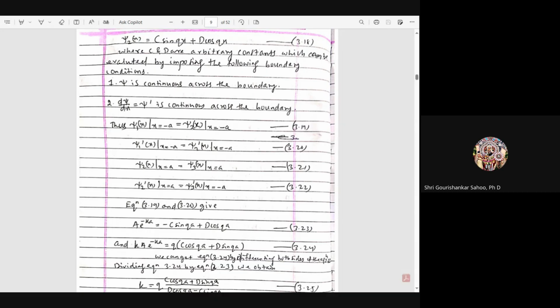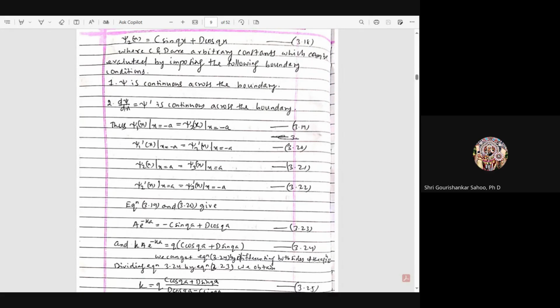So what are the boundary conditions? Your psi is continuous across the boundary, and d psi by dx, that is psi dash, is continuous across the boundary. So you can write psi 1 at x is equal to minus a is equal to psi 2 at x is equal to minus a. Your psi 1 dash at x is equal to minus a is also equal to psi 2 dash at x is equal to minus a, because psi is continuous and its first derivative is also continuous.